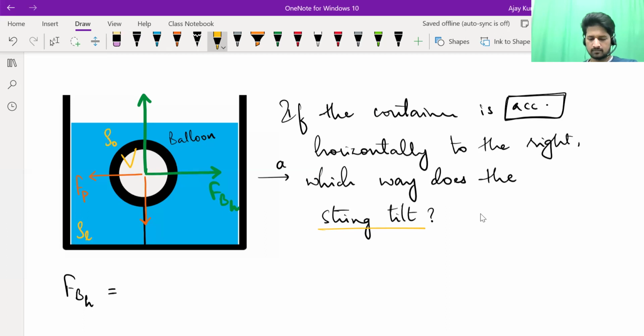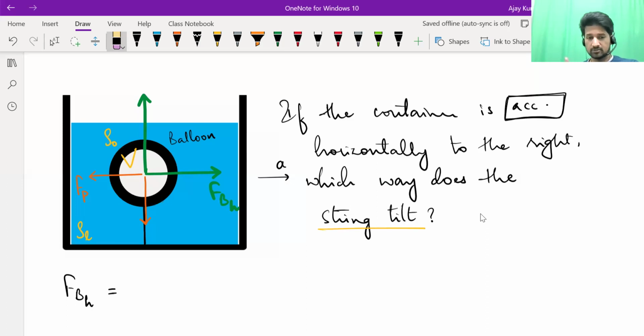Rho naught into V into... Okay, let's clarify the idea. You said rho naught. Does buoyant force ever depend on the object that is placed in the liquid? It depends on the liquid that is surrounding the object, so it will never depend on rho naught.